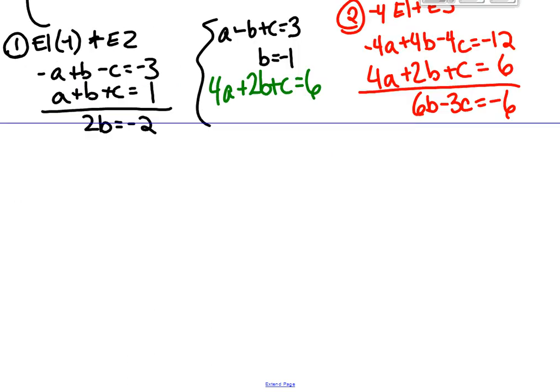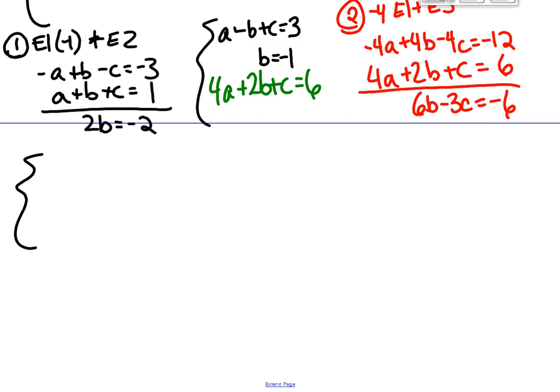And so then to conserve space a little bit, I'm going to write this system over here. My first 2 rows are going to be this, and my third row is going to be that. Okay.